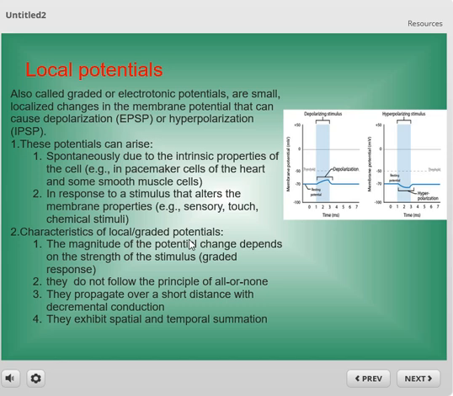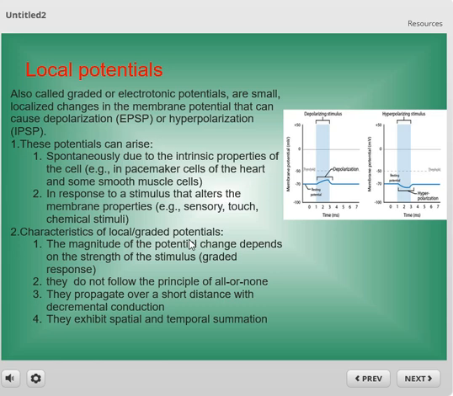Another name for the local potential is graded potential, generator potential, or electrotonic potential. These potentials are small, localized changes in the membrane potential that can cause depolarization or hyperpolarization. So you must know the resting membrane potential can be recorded in the cell at rest, but for the local potential and the action potential, we need a stimulus for recording them.